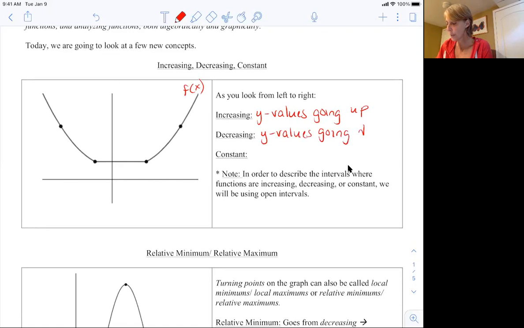There is a more complicated way with function notation to show this, but I think it's just easier to see. Decreasing is down, increasing is up, and constant obviously means y values stay the same. So in this graph, this section here, we could describe as decreasing.